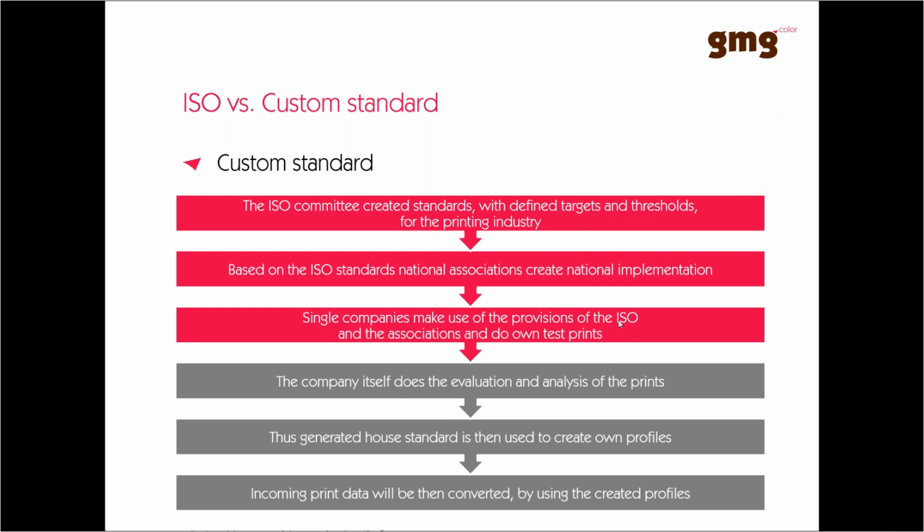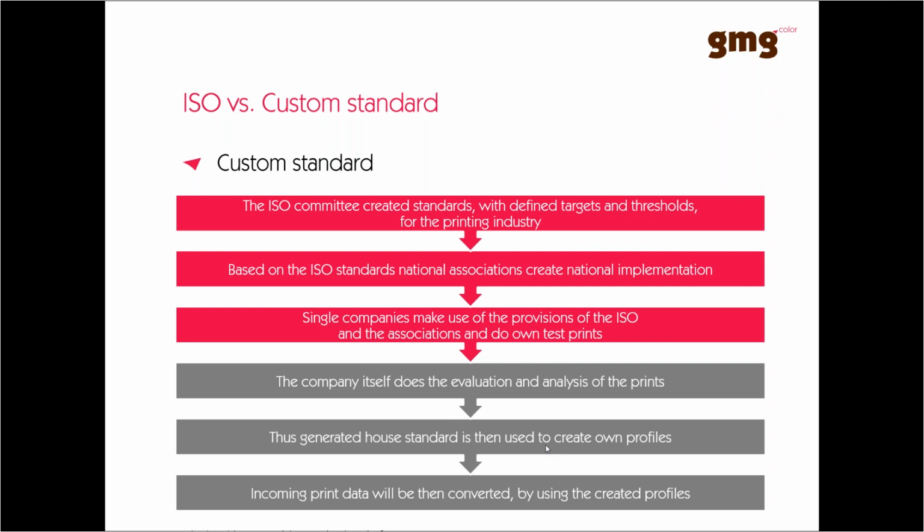But then as a next step, print the test chart by yourself and do the evaluation and the analysis of these prints by yourself. So don't take into consideration what another printing company is doing, just focus on your own print results and build out of these your own characterization set and create profiles based on these characterization sets.